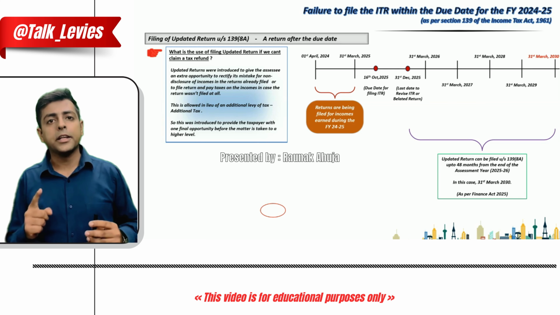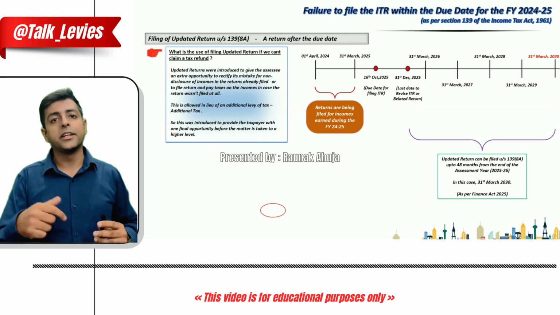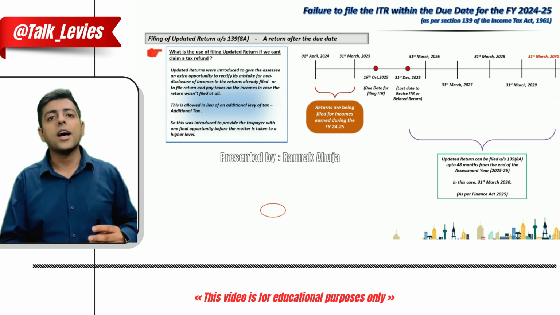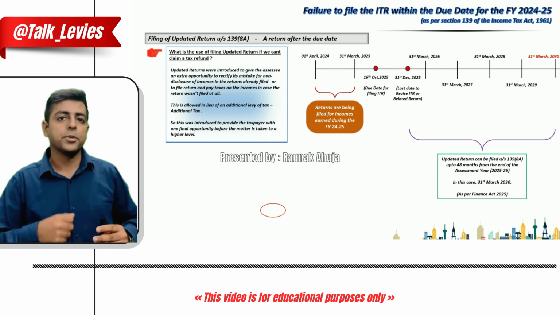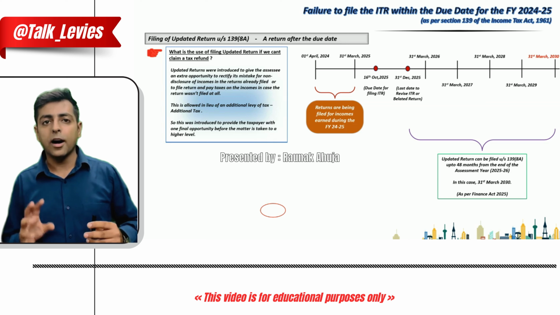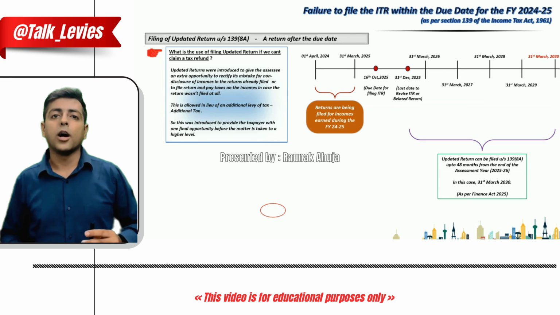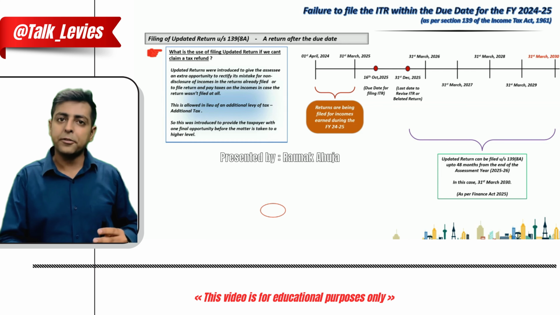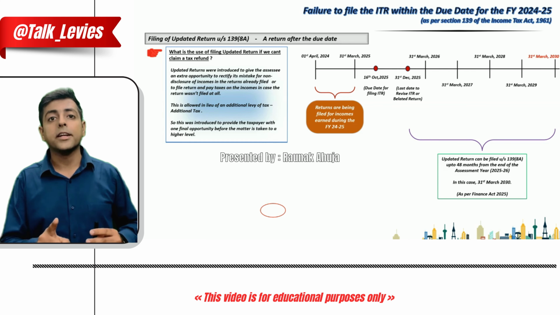Earlier, in case the taxpayer forgot to disclose any particular income in their income tax return, it would have been treated as income escaping assessment, and there were severe consequences for that. However, making this much simpler and more user friendly, the government gives us one final opportunity to file an updated return before the matter gets escalated to the higher level. This way, it makes the direct tax more user friendly.